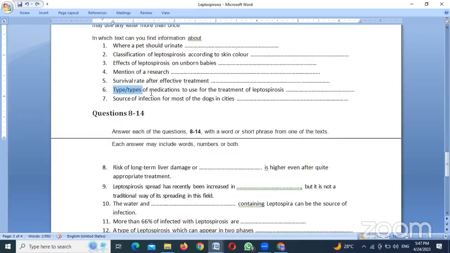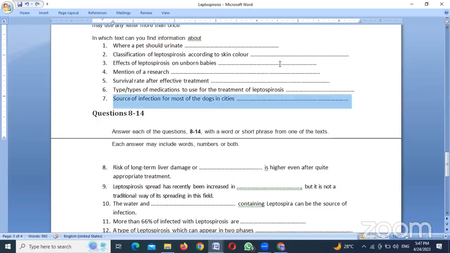So I am using type or types, so it could be one thing or more than one thing, okay? So I'm giving options. You can use singular, you can use one thing, you can use more than one thing, okay? Yeah, okay, thank you. So mostly they do like this in the real exam.